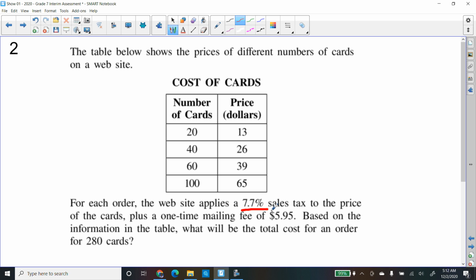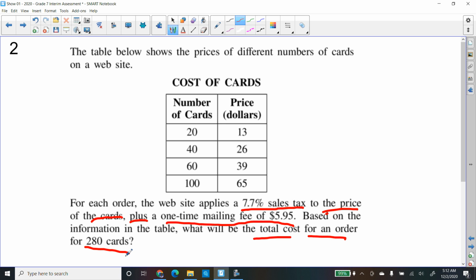Let's underline that. To the price of the cards. So the price of the cards is going to have a sales tax plus a one-time mailing fee of $5.95.